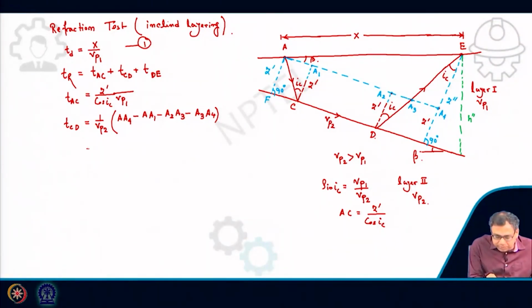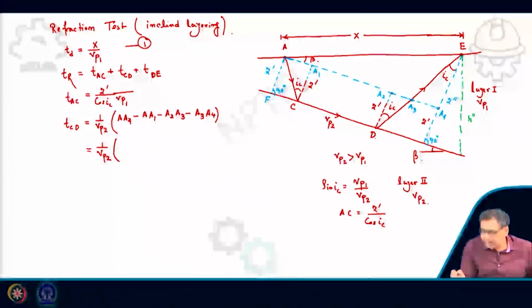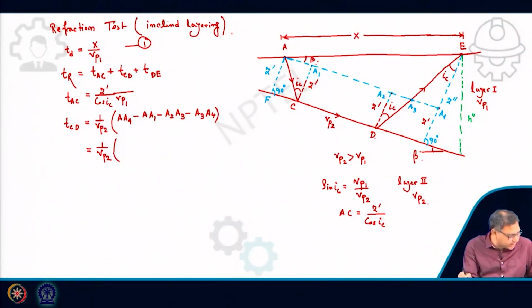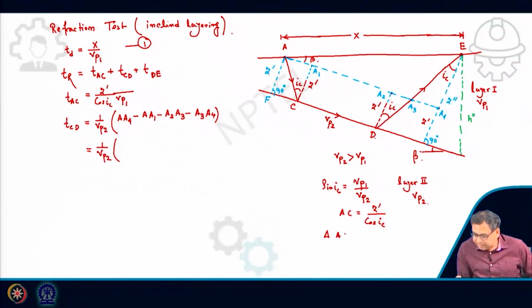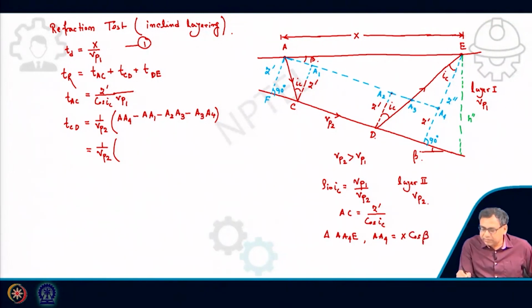Now what is AA4? If we form this triangle with A4 and E, AA4 is equal to x cos beta, because this is beta, this is x.